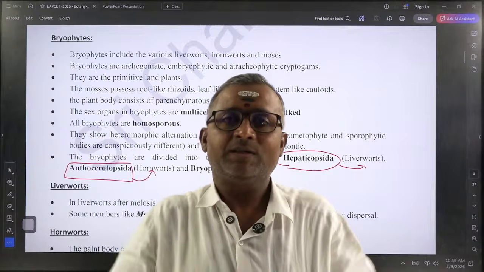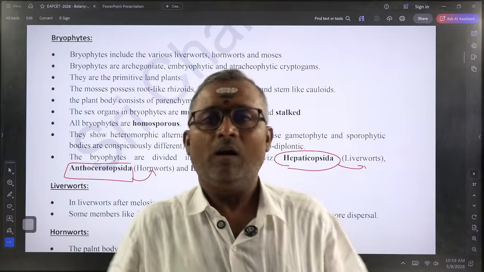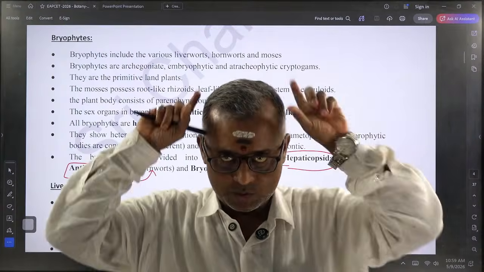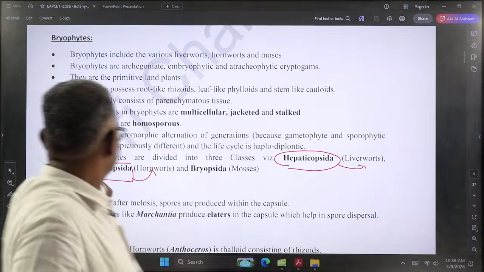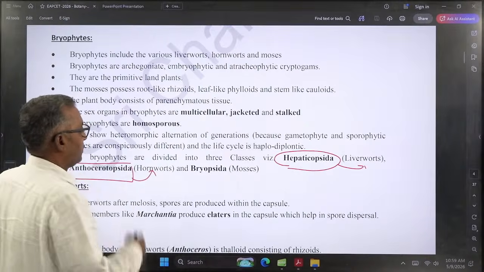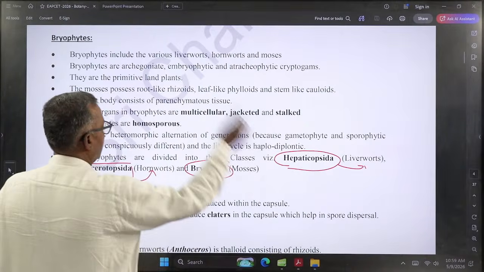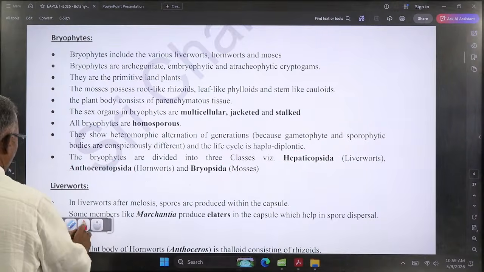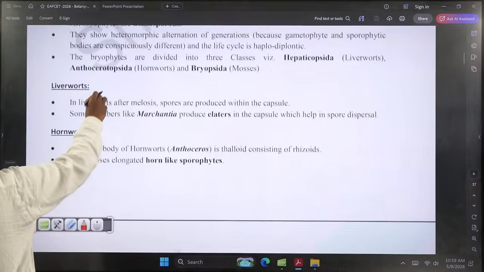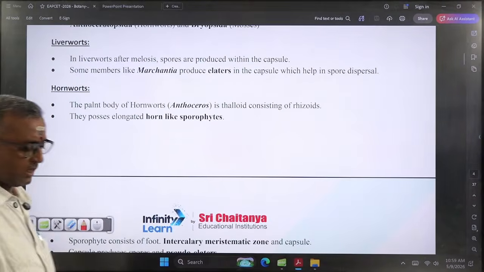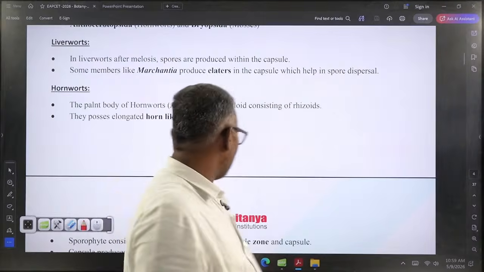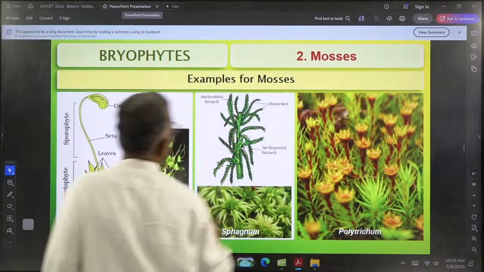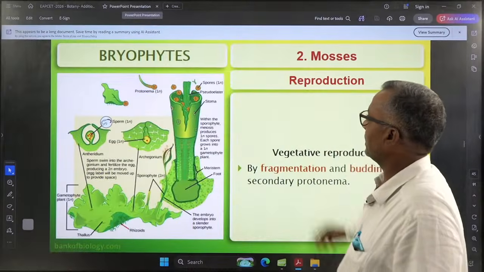Antho means like horns. It's a Greek word, horns. So the sporophyte appears like a horn. Horn means komulu. So that's why it is Anthocerotopsida. Next, Bryopsida, that includes mosses. These are three different classes. So under this, first we'll be discussing liverworts. So it is very clear that liverworts have what kind of body? Liverworts have a thalloid plant body. Look at here.